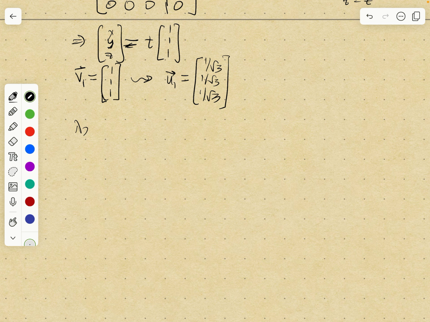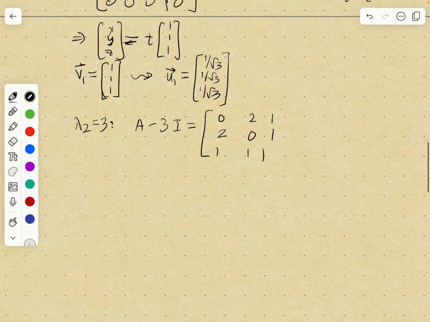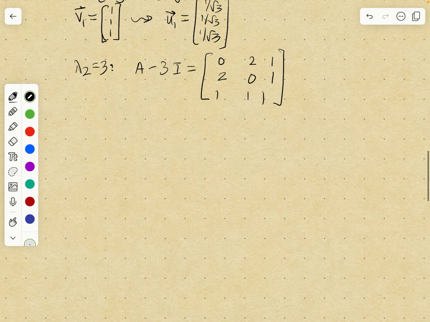So then for lambda 2 is 3, we just do the exact same thing. A minus 3I is 0, 2, 1, 2, 0, 1, 1, 1, 1. Now you see why we have software to do this. So let's see, we're going to swap rows 3 and 1 again.